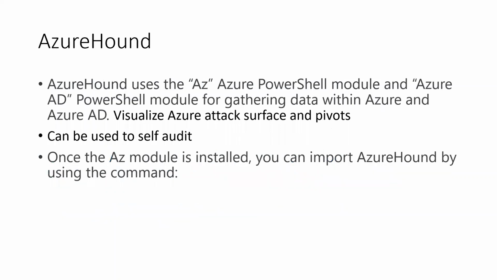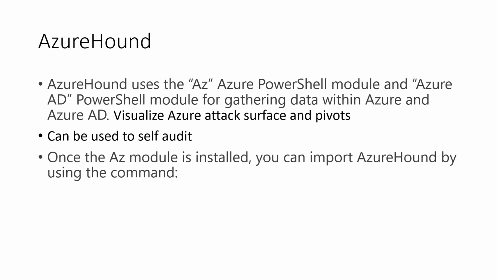AzureHound is a classic tool from BloodHound, which is very famous in the Windows Active Directory space for self-auditing and for pen testing. This is a module that takes all the information from your Azure environment and puts it into the BloodHound graph.